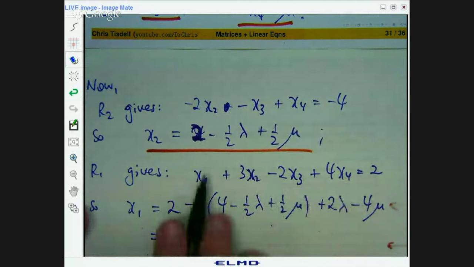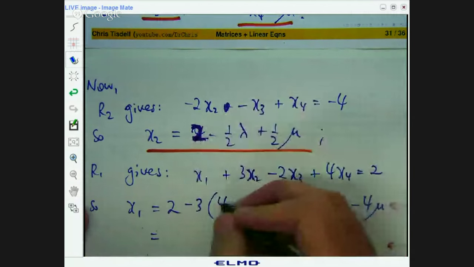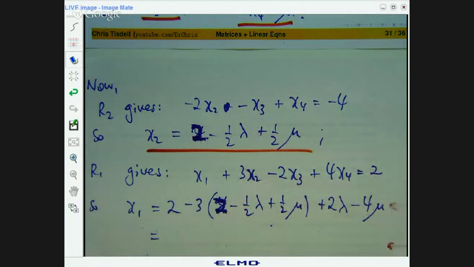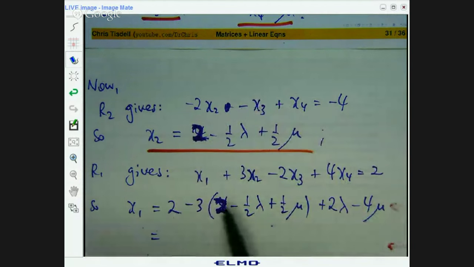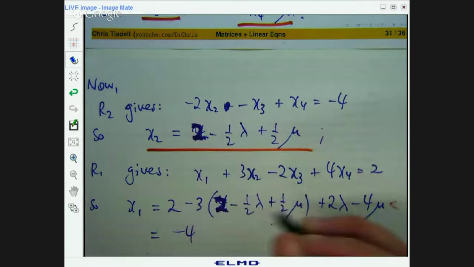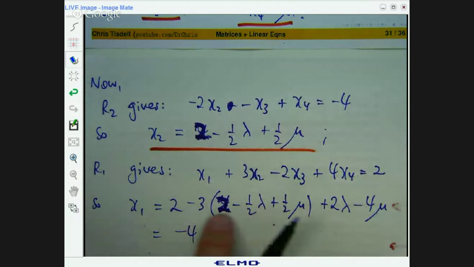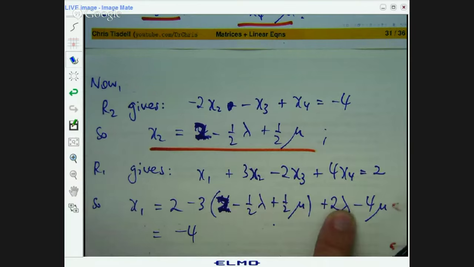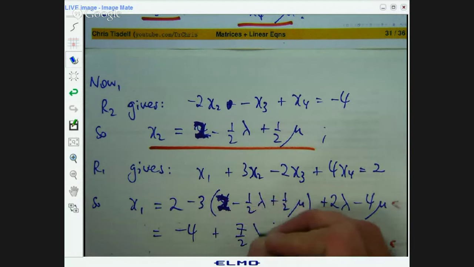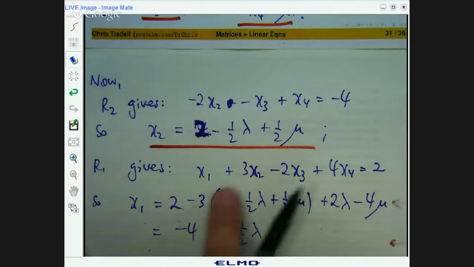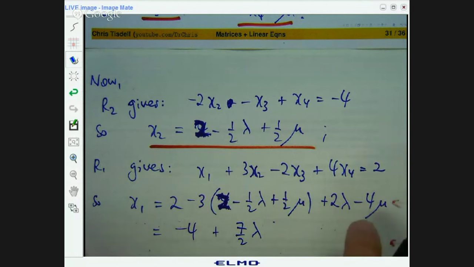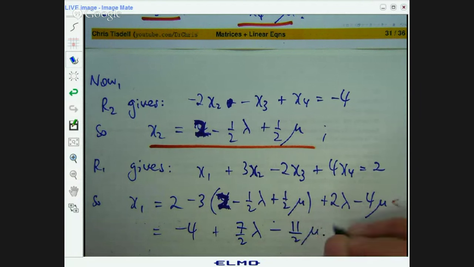Okay, sorry about that, I forgot to divide that out. And therefore I'm going to get 2 minus 6, which is negative 4, plus 3 on 2 lambda, plus 2 lambda, that's 7 on 2 lambda. Minus 3 on 2 mu, minus 4 mu, so that's negative 11 on 2 mu.